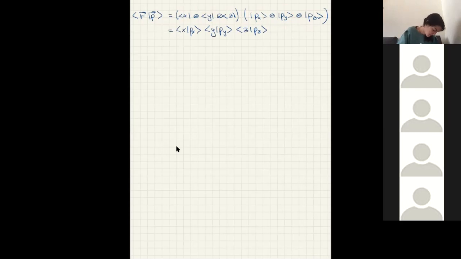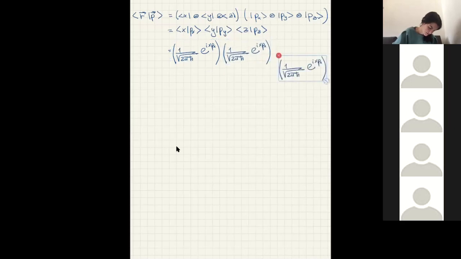So this is 1 over square root of 2 pi h bar, and here we had e to the i x px, and then the same. Sorry, I don't want to write it again and again.